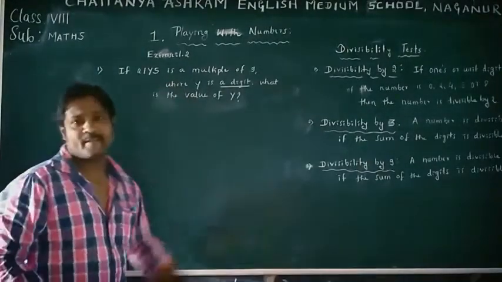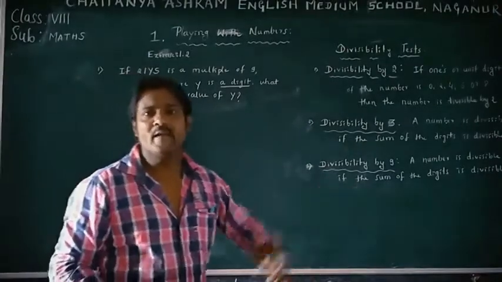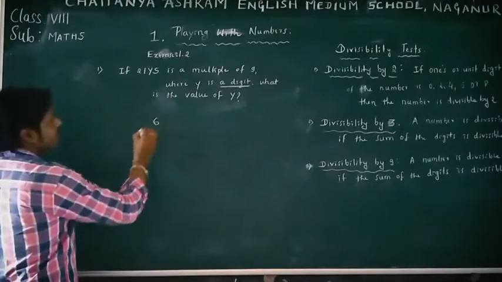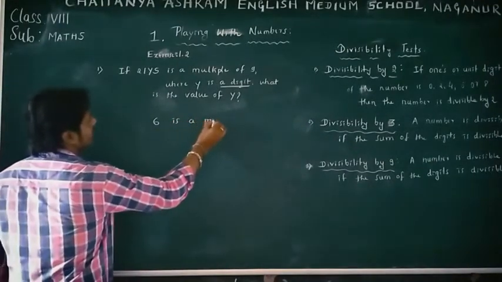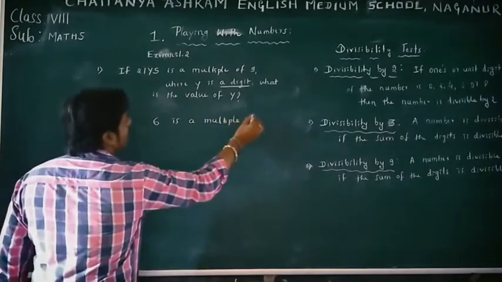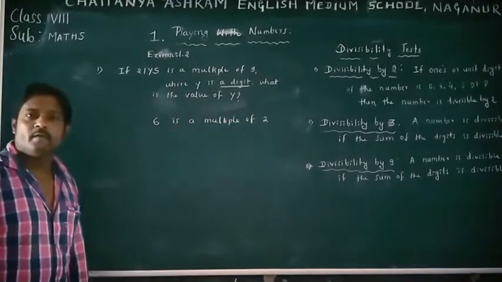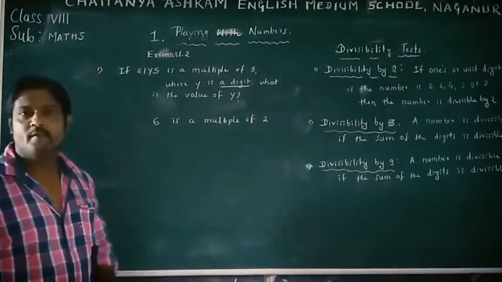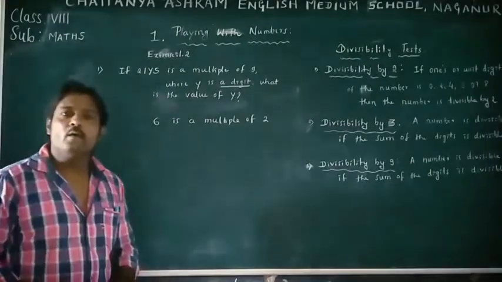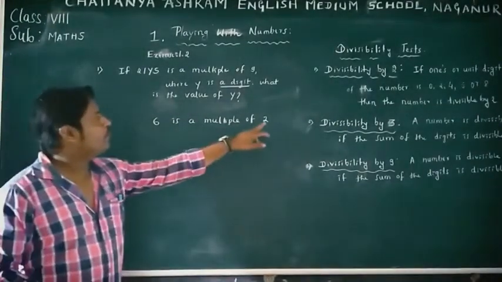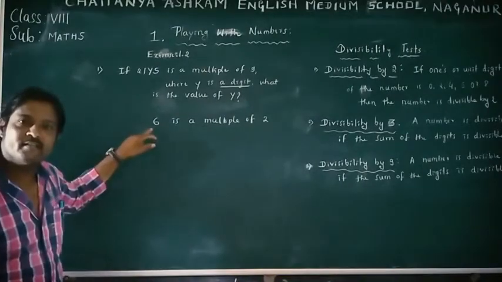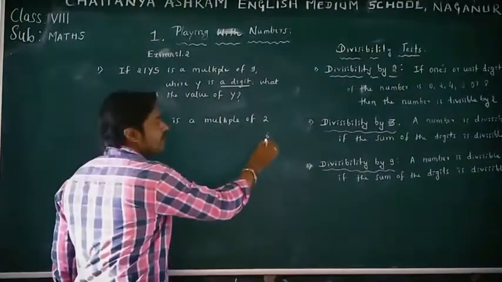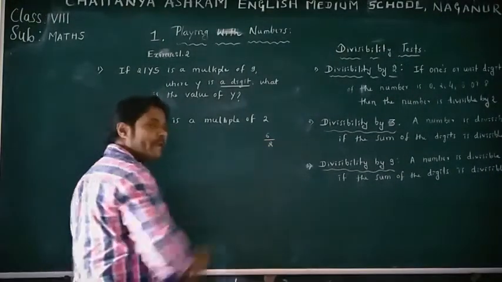Before going to solve this sum, I have to clear one concept. Observe, 6 is a multiple of 2. Dear children, 6 is a multiple of 2, which implies 2 divides 6 completely.